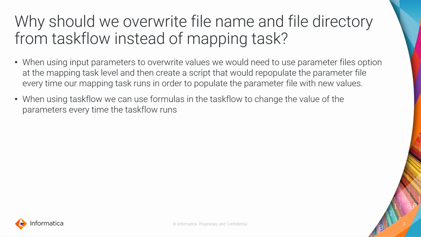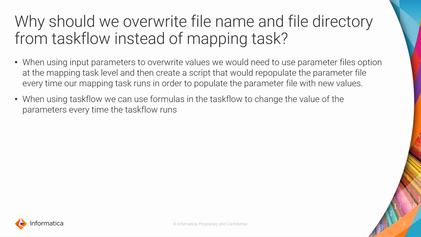The reason is you can achieve overriding values at runtime when using the mapping task and mapping, but you need to make use of another concept called a parameter file. Basically, in the mapping task, you will point to the parameter file that has the values for the parameters that you specify in your mapping.